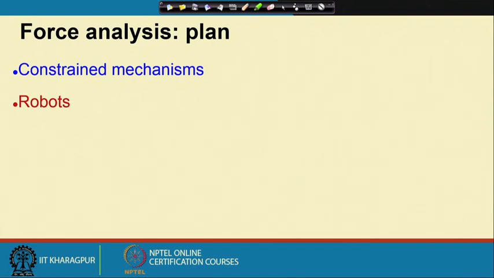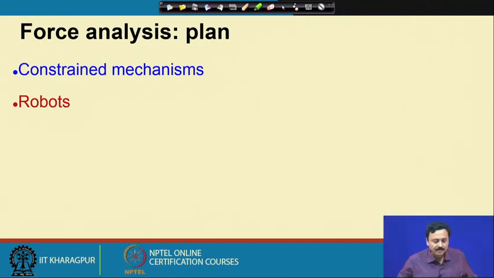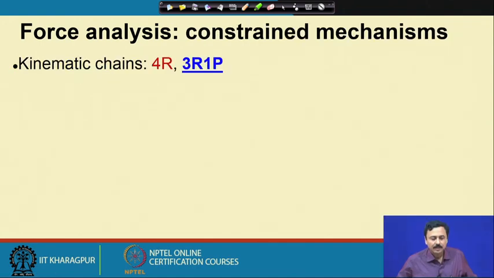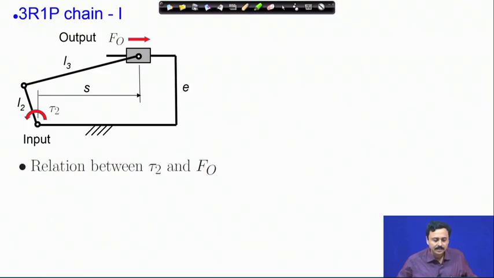So, our plan is to study constrained mechanisms and robots. In the constrained mechanisms, we are going to look at 3R1P chains. So, here I have shown you a 3R1P chain of type 1, and as you can see, I have marked the input and the output.